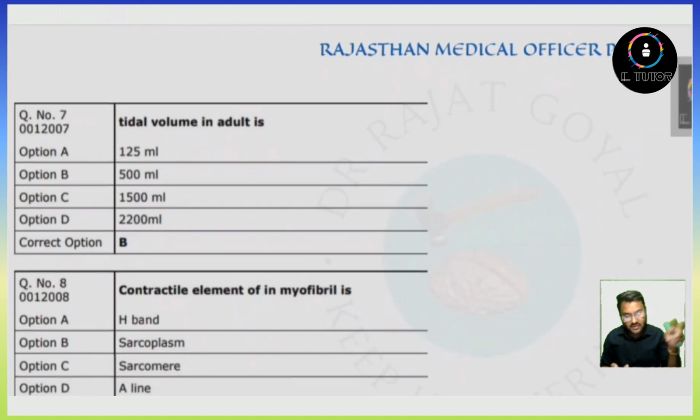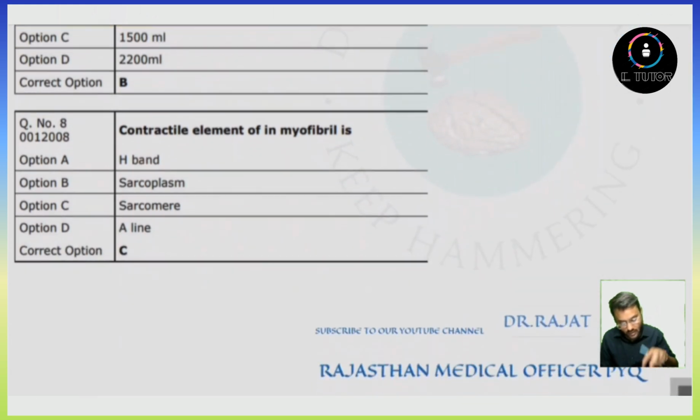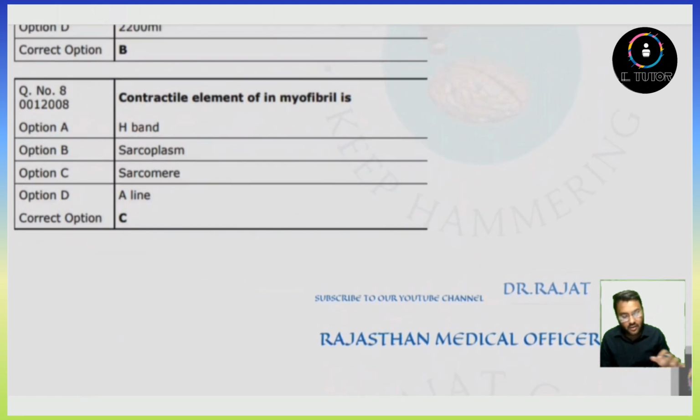Next question is, tidal volume in adult. This is a repeated question, and again the answer is 500 ml. Contractile element of myofibril. Among the given options, H band, sarcoplasm, sarcomere, and A line, the answer will be sarcomere, which is the structural unit of the muscle fibers, and it is the contractile element.